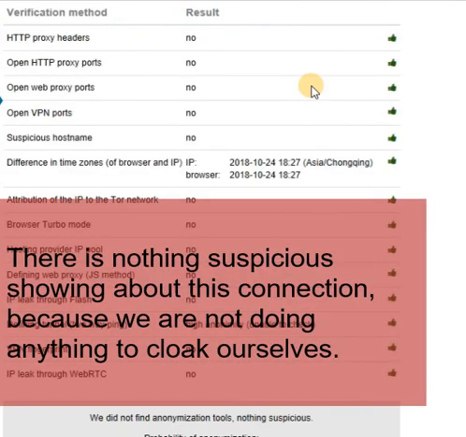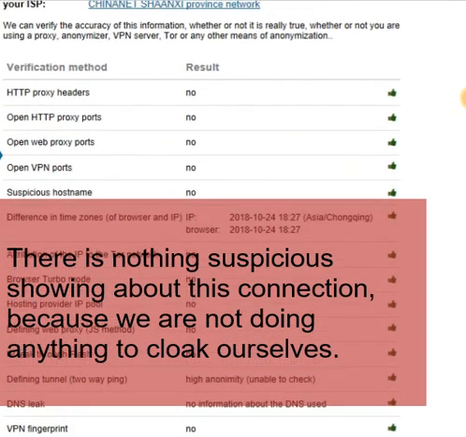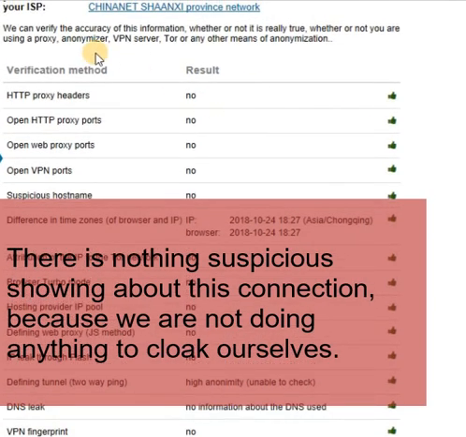Okay, so what we can see here is that it shows that my internet service provider is in China, in Shanxi province. It says we can verify the accuracy of this information, whether or not it is really true, whether or not you are using a proxy, anonymizer, VPN server, Tor, or any other means of anonymization.